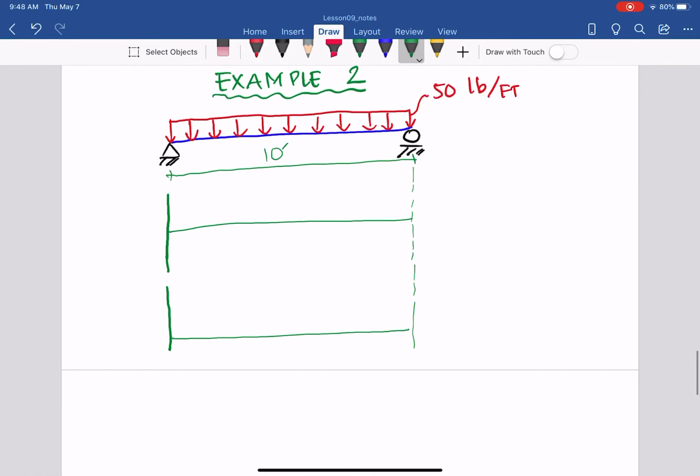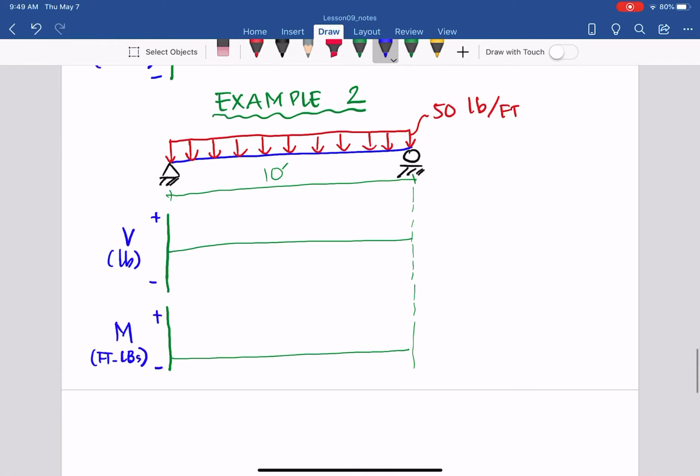So what do you have? V, and again it will be pounds based on the problem, positive, negative, and then you have moment, foot pounds for this problem, positive, negative.